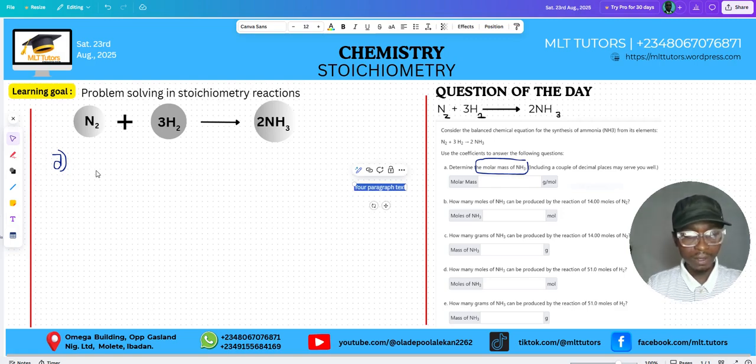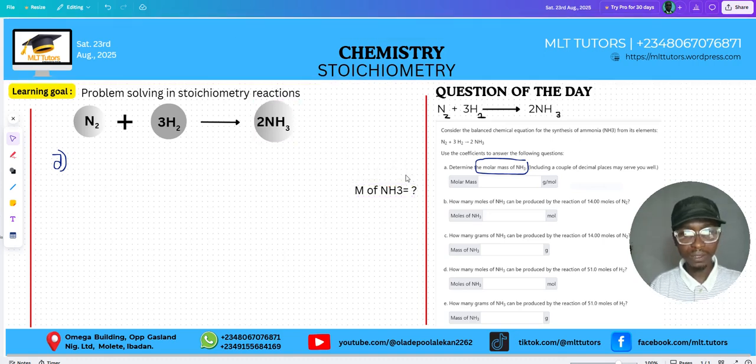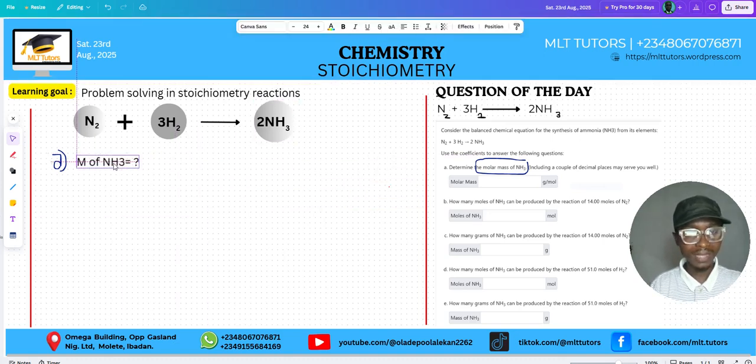Molar mass is represented by capital letter M. The molar mass of NH3 is equal to unknown. Then that is the task at hand on question A.